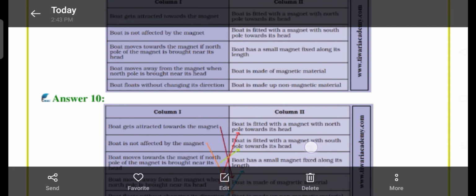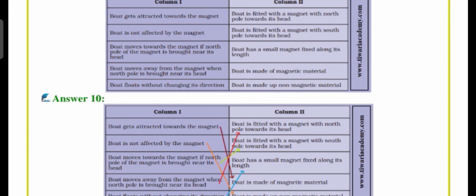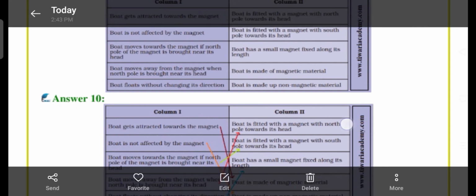So a magnet is fixed along the length of the boat so that the boat will always move in the same direction. There will be no deviation. It will be showing a north-south direction. A magnet has a north-south direction, so it always moves in the same direction. So that is the answer here.